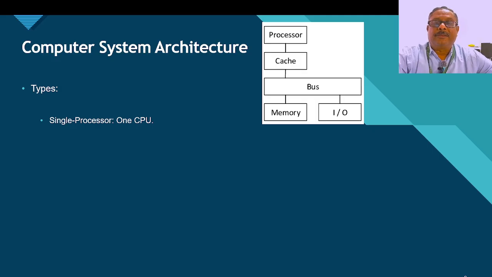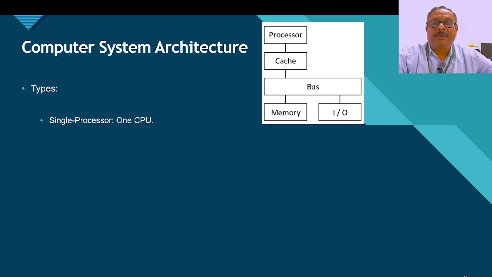Because this memory is within the processor body, it is very well designed and will be working at the processor speed, whereas the other memory, the primary memory, is on the motherboard. The motherboard will not be working at the processor speed, so it will be working quite slower than the processor.